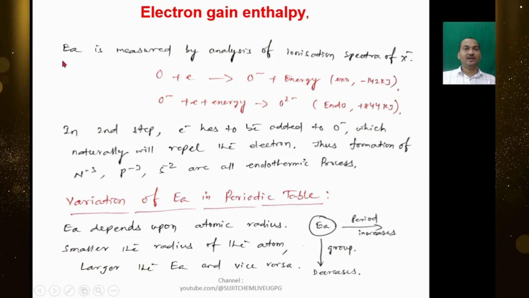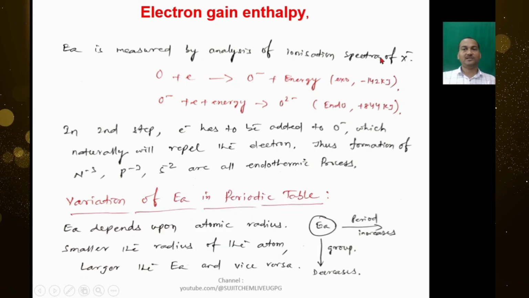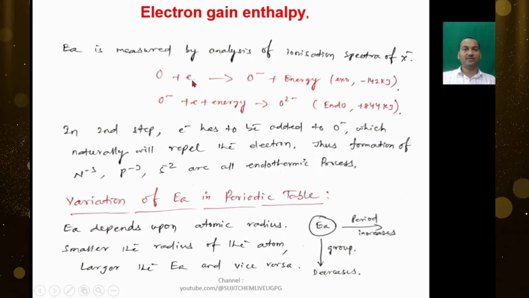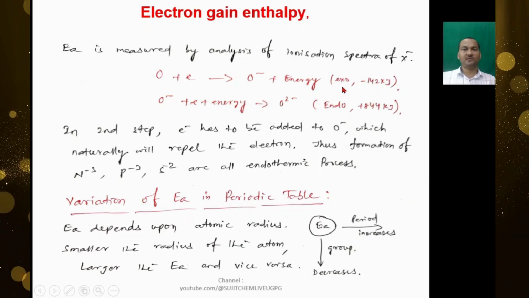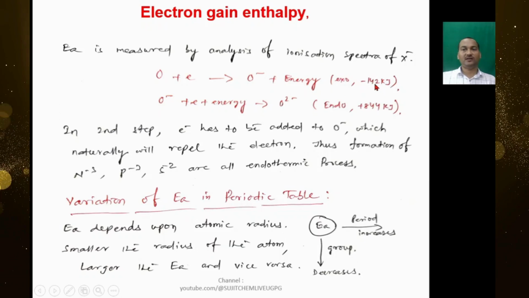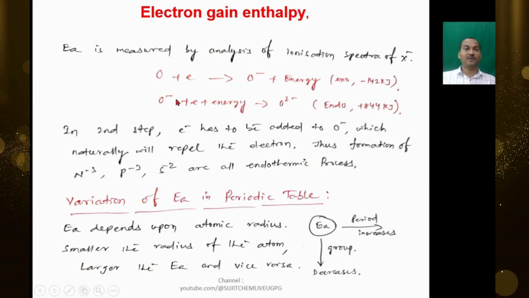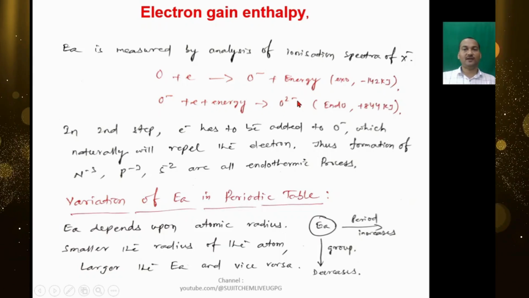Electron affinity or electron gain enthalpy is measured by analysis of the ionization spectra of X minus. So oxygen will accept one electron giving rise to O minus plus energy. This is an exothermic process, minus 142 kilojoule. Similarly, O minus plus electron gives rise to O2 minus ion.